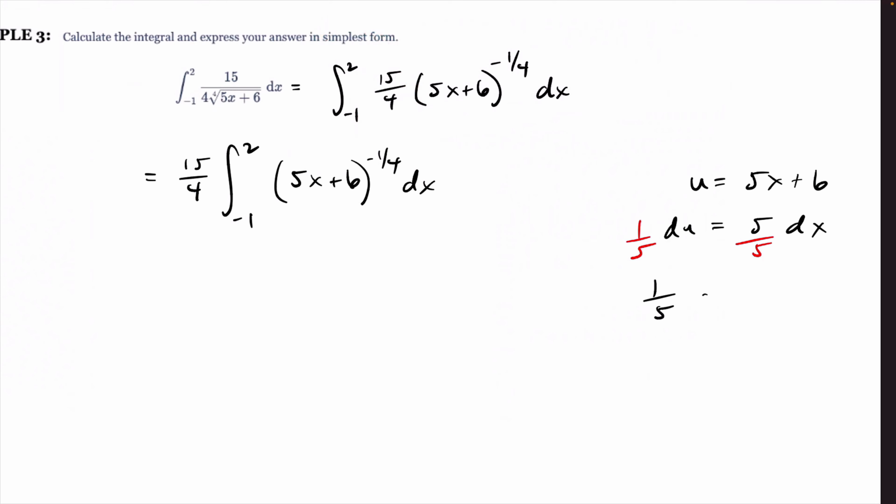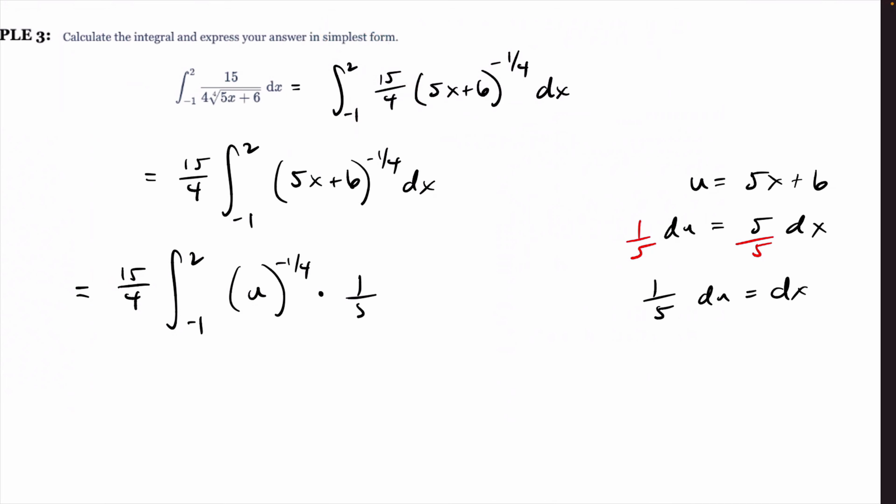So I get 1/5 du equals dx. The 1/5 you can move to the front with the 15/4.